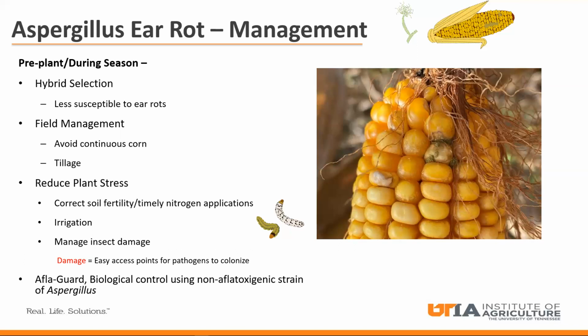Another strategy is that there's one biological control product on the market right now called AlphaGuard. This is a non-aflatoxigenic strain of Aspergillus that actually out-competes toxic strains in the field.